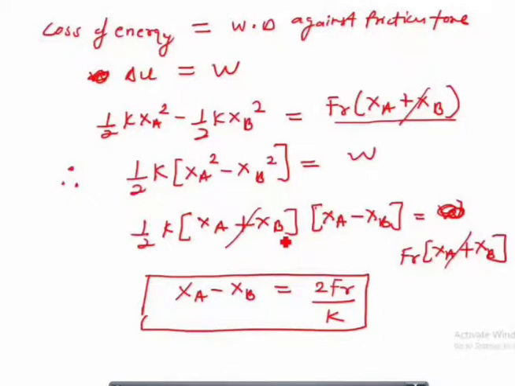So what does this mean? XA minus XB is equal to 2 Fr upon K, the loss of amplitude in a half cycle from point A to B.